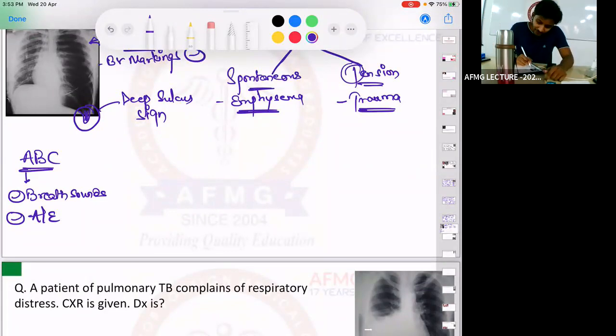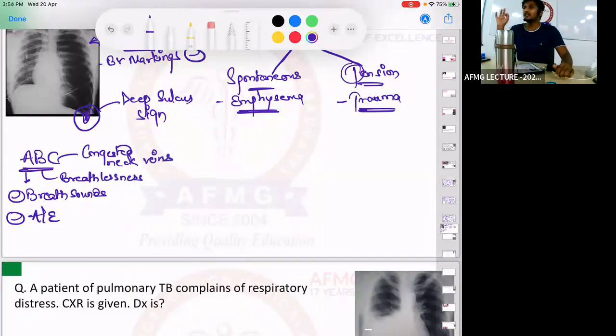B for breathlessness, sudden onset breathlessness. And as it causes compression of the superior vena cava, there will be congestion of the jugular vein. So C for congested neck vein. No issues with pneumothorax.